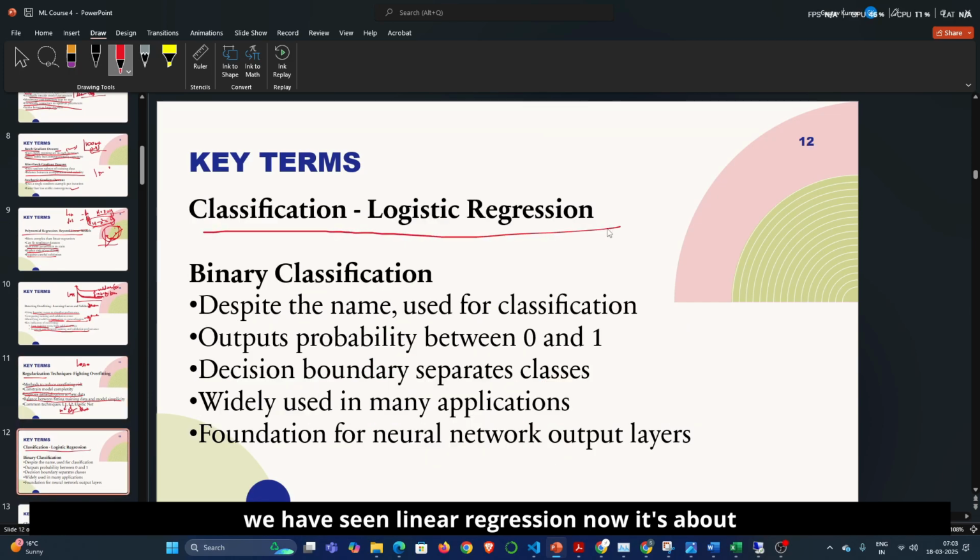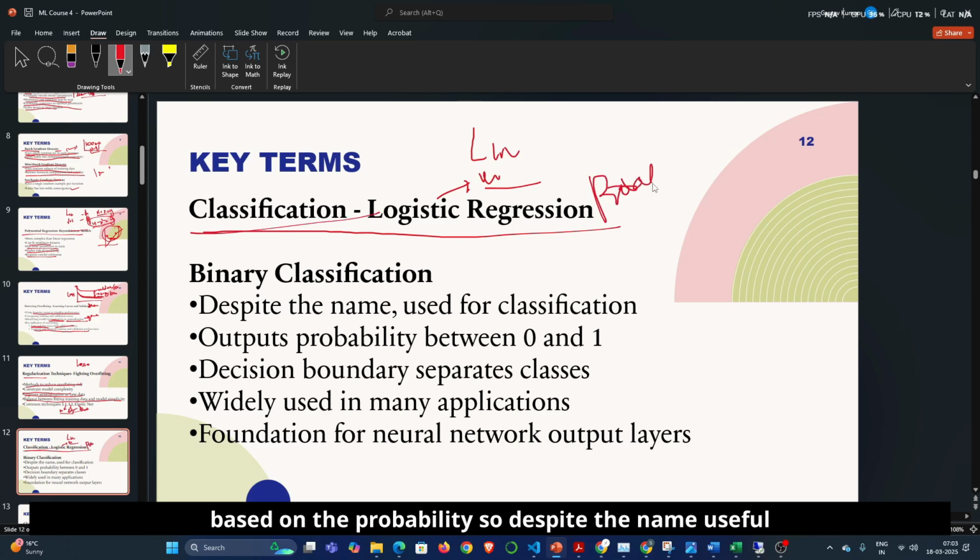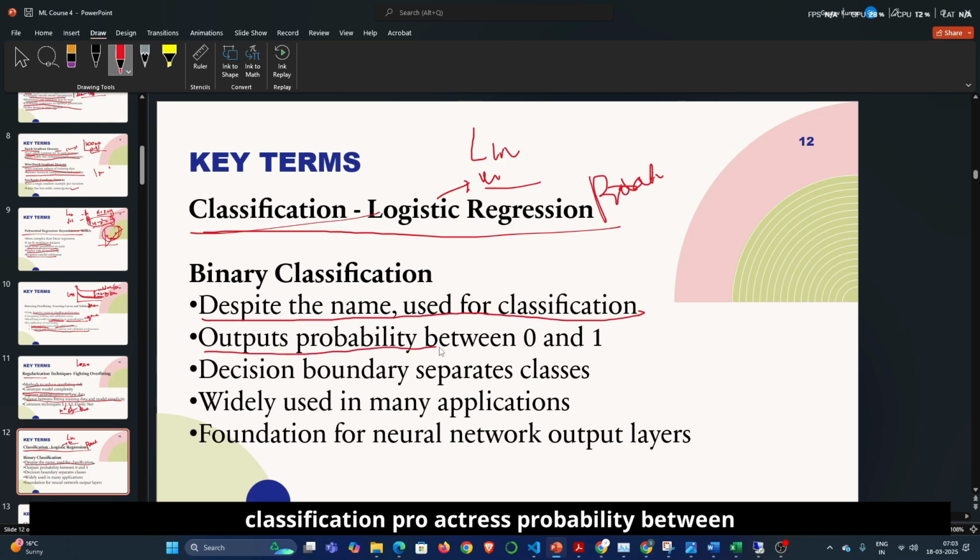Classification, logistic regression. We have seen linear regression, now it's about logistic regression. Logistic regression is not a regression, it's a classification because it's based on probability. Despite the name, it is used for classification and outputs a probability between 0 and 1. The decision boundary, or threshold, separates classes.